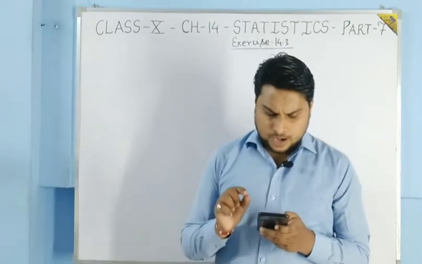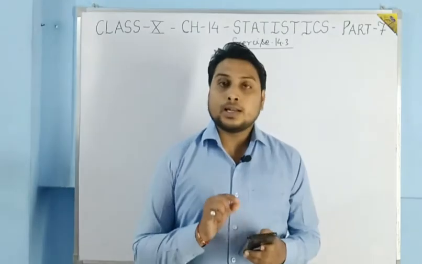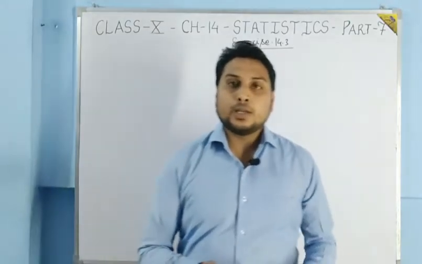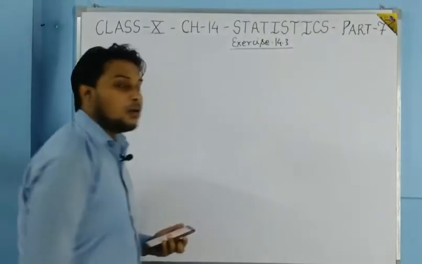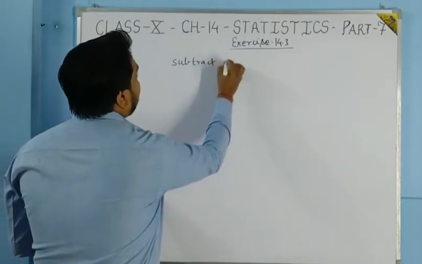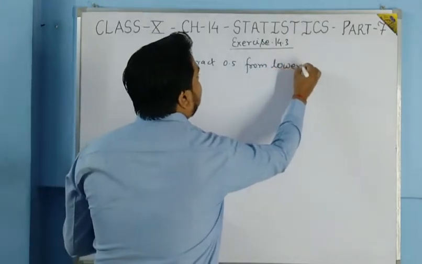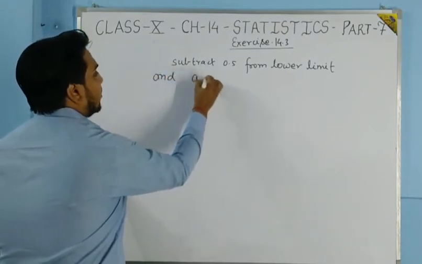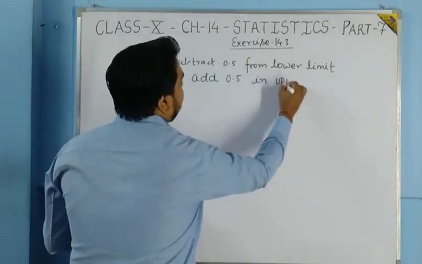One thing you have to consider here, that the data given is not in continuous frequency. So as I have told you students in so many questions, if the frequency distribution is not continuous, all you have to do is just subtract 0.5 from lower limit and add 0.5 in upper limit.